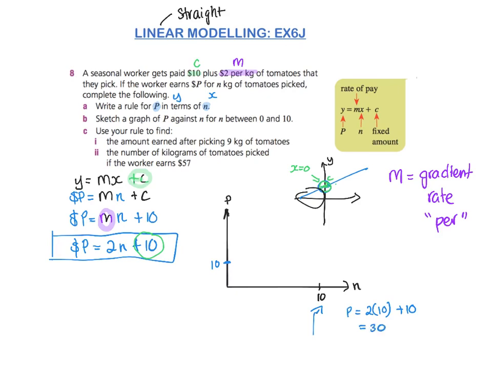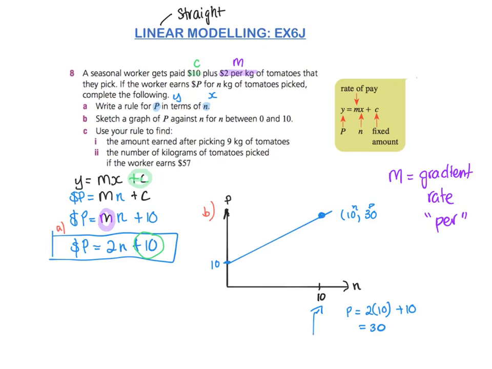You're only sketching it, so it doesn't really matter where you do it. So when we have 10 kilos picked, the price is 30. So there's an N and there's a P, and you've got 2 points. That's all you need. And then you just draw your line like that, okay?